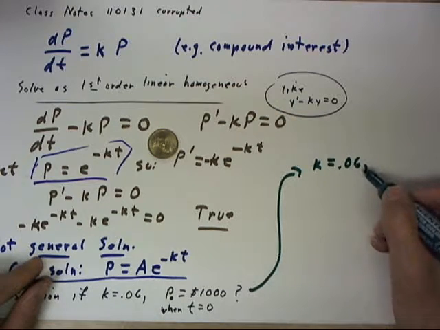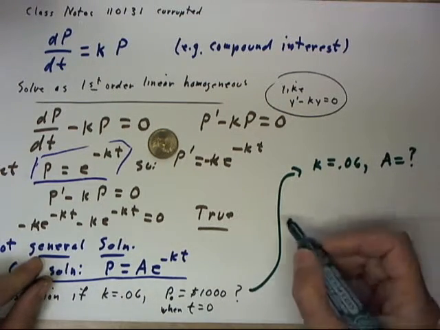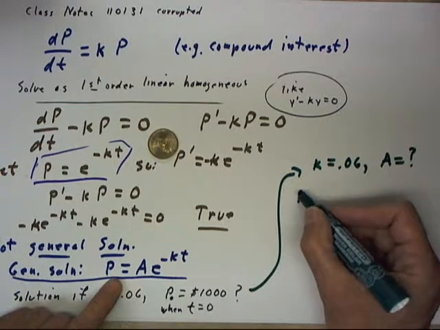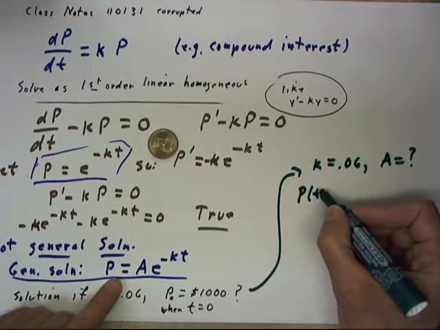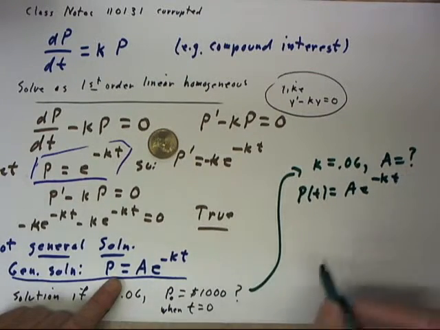This is going to correspond to a solution where k equals 0.06 and A equals what? Well, our general solution is P of t equals A e to the negative kt.